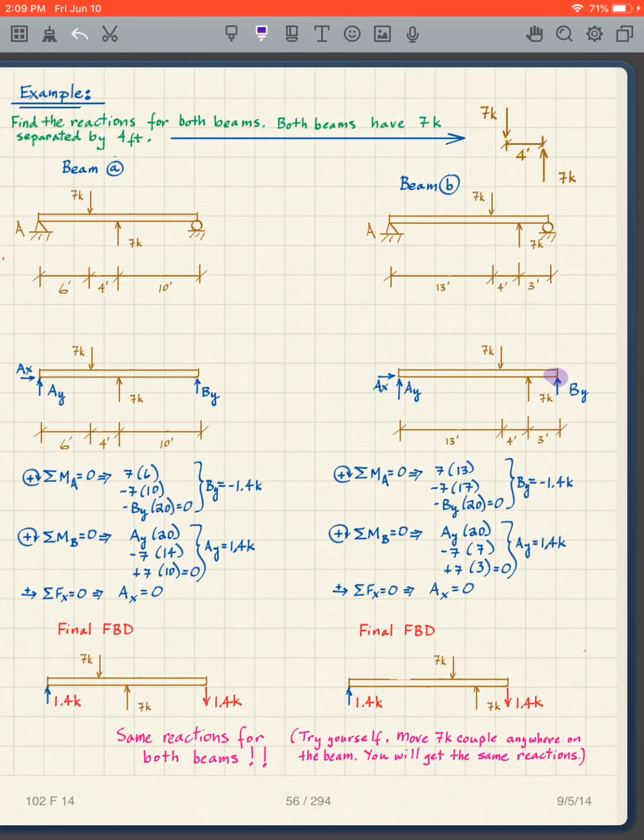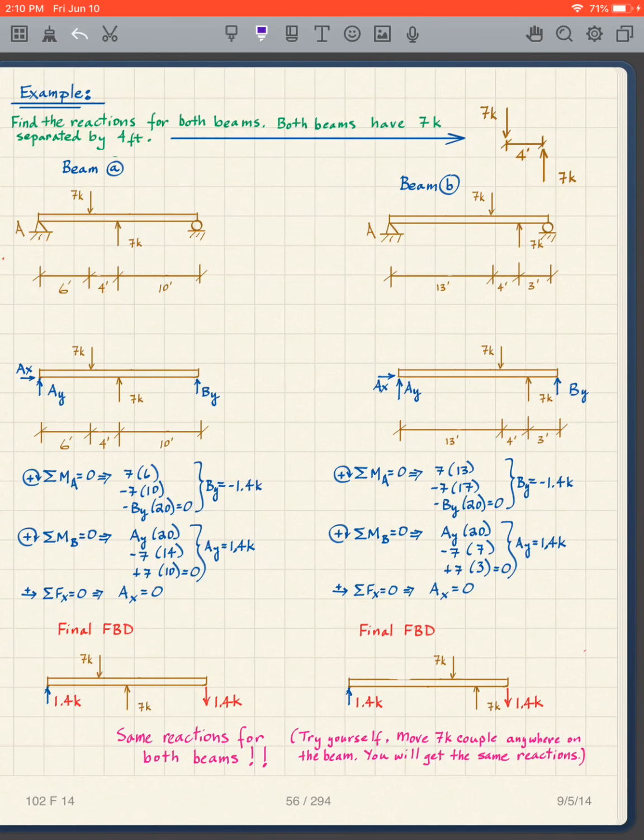For the other, moments about B, I'm going to have AY times 20, 7 times 7, 7 times 3. And the signs, of course, are opposite. So what do I end up with? AY is positive 1.4 kips. They're the same.